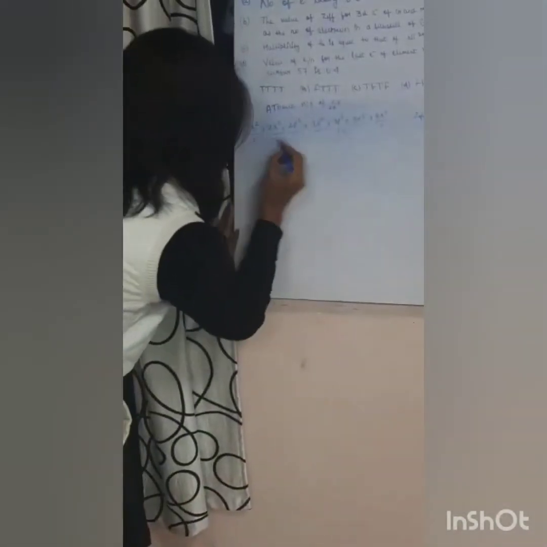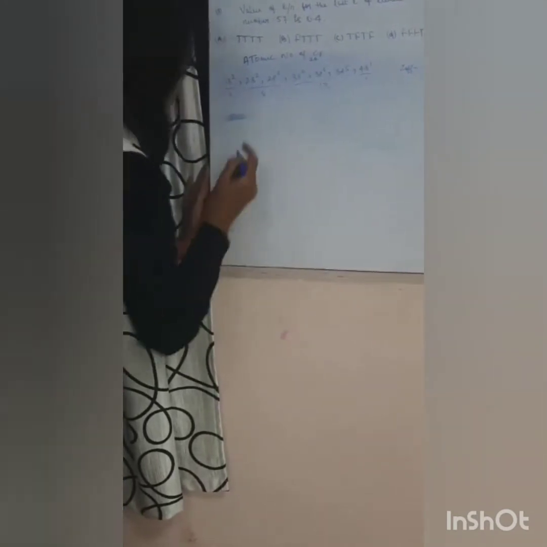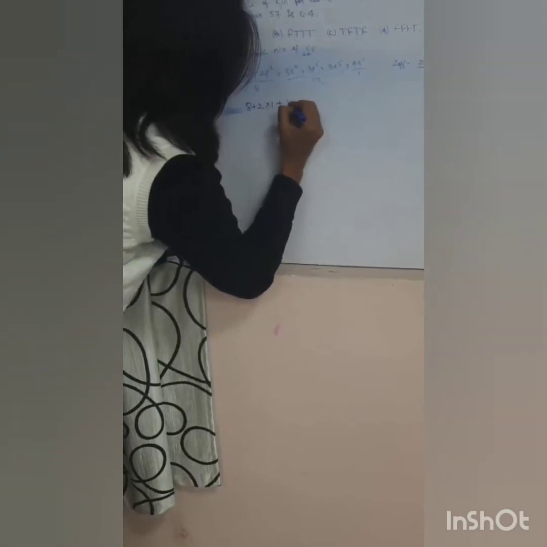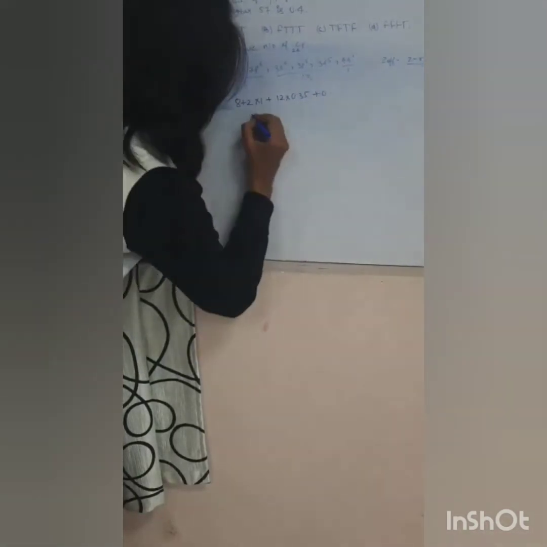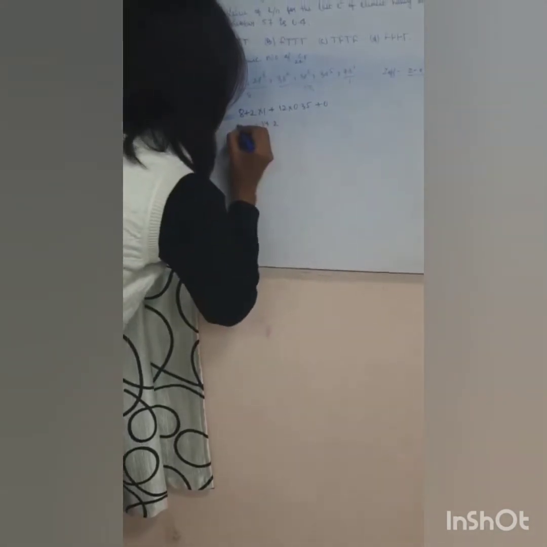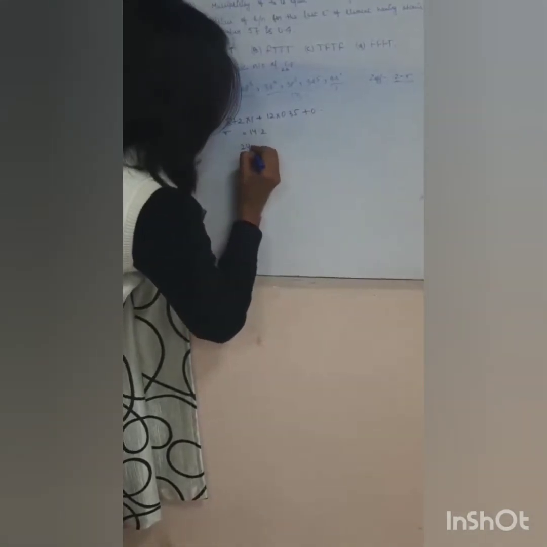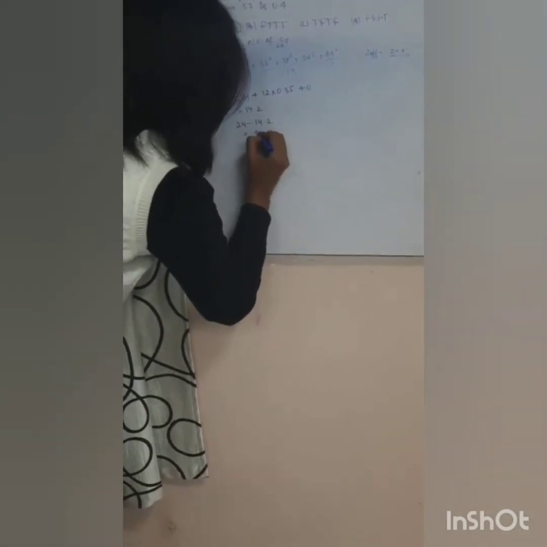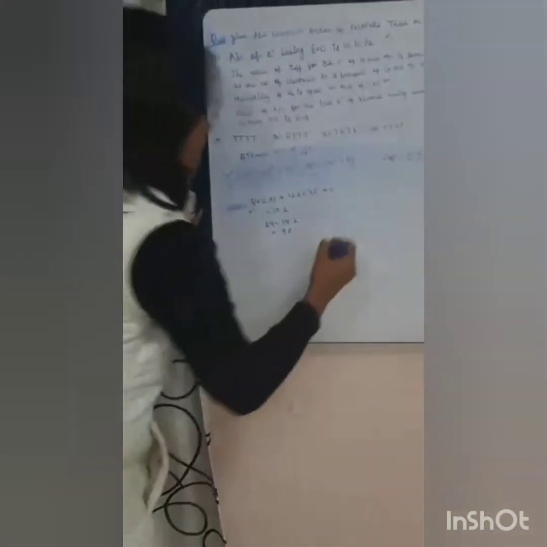So here it is 8 plus 2 into 1 plus 12 into 0.35 plus 0, which is equal to 14.2. So sigma is 14.2 and Z is 24. So 24 minus 14.2 equals 9.8.